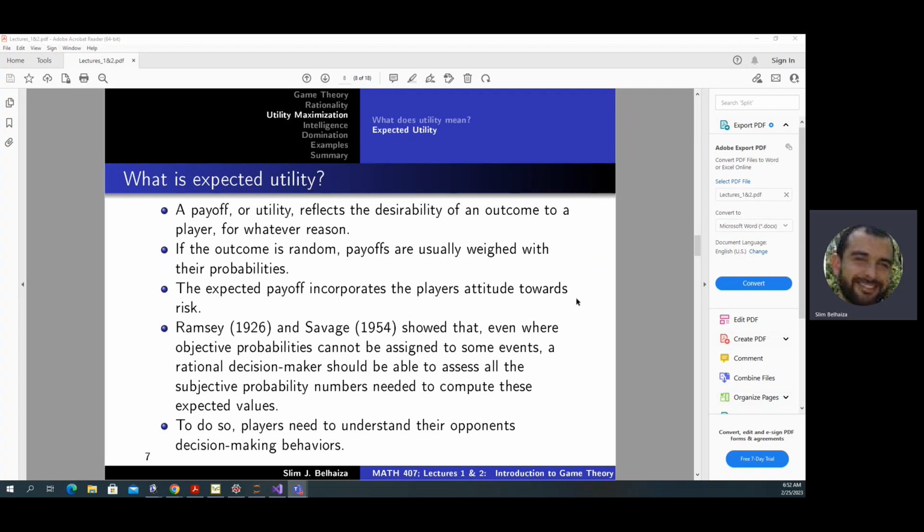So Ramsey and Savage showed that even when objective probabilities cannot be assigned to some events, a rational decision maker should be able to assess all the subjective probability numbers needed to compute these expected values. And to do so, players need to understand their opponents' decision-making behaviors.